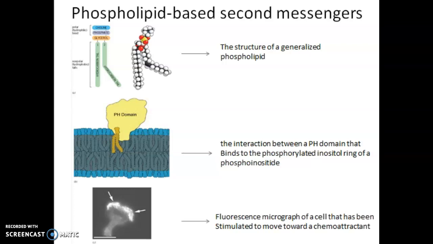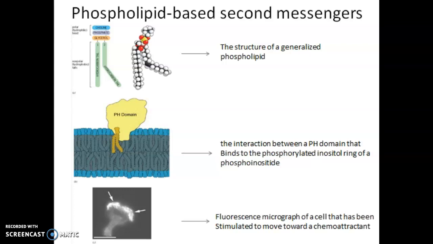Diagram B indicates an interaction between a PH domain that binds to the phosphorylated inositol ring of a phosphoinositide. This interaction tethers the protein to the inner surface of the plasma membrane and may alter the activity of the parent protein.